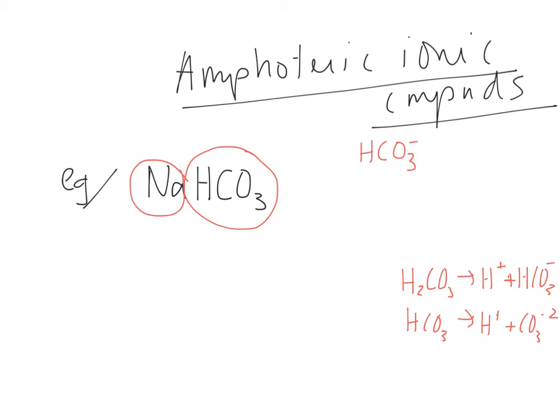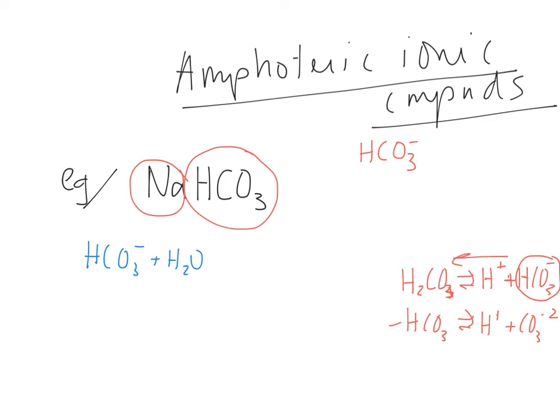Now carbonic acid is a weak acid, so both of these will be equilibrium systems. We talked about this even in the context of polyprotic acids, but this guy right here, because he can donate a proton like this and also receive a proton to go back the other way, he's amphoteric. So when you're considering how this guy could interact with water, you have to consider both possibilities, right?